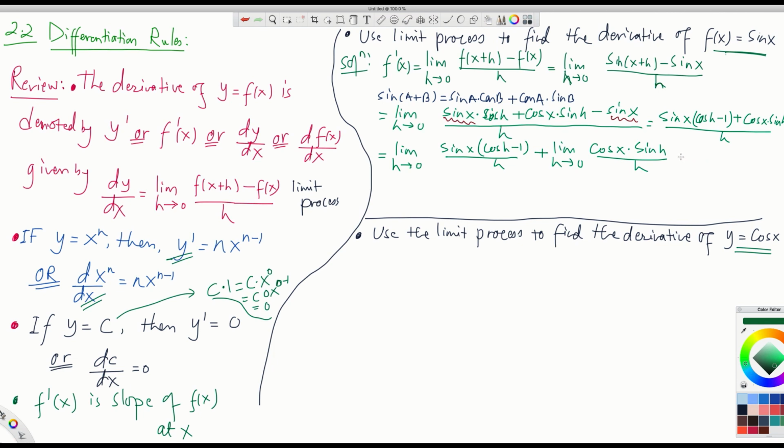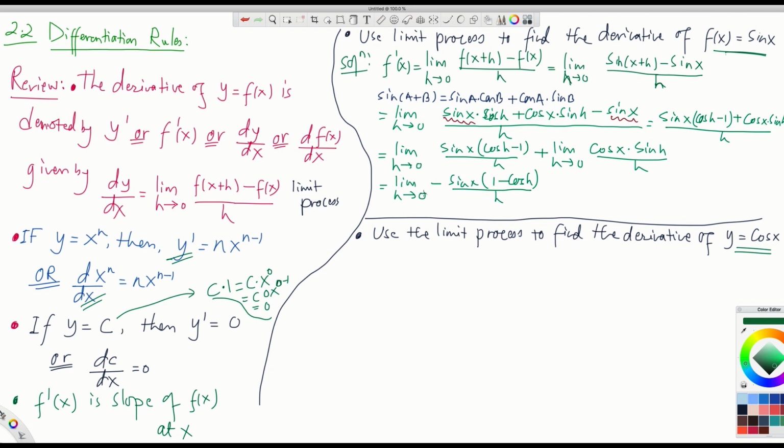If you want, you can write 1 minus cosine h here and write a negative sign there. So let me do that one more time. You can write limit h tends to 0 of minus sine x times 1 minus cosine h divided by h.